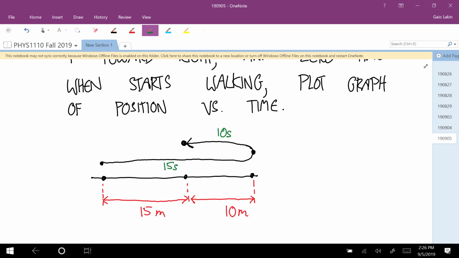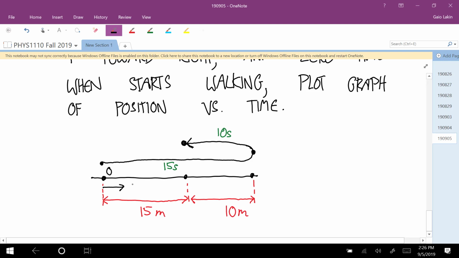What did I say was the place that we're going to call zero position? The house, yep. So whenever the person is here, they're at location 0, position 0. Okay. And what did we say was the positive direction? Toward the car. Yep.